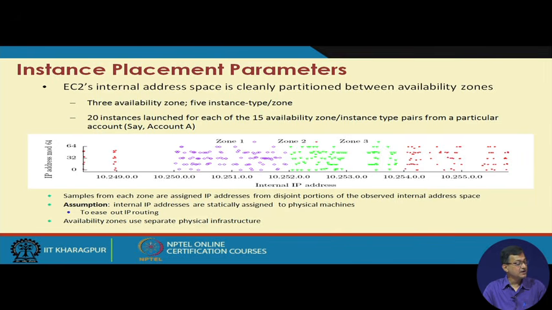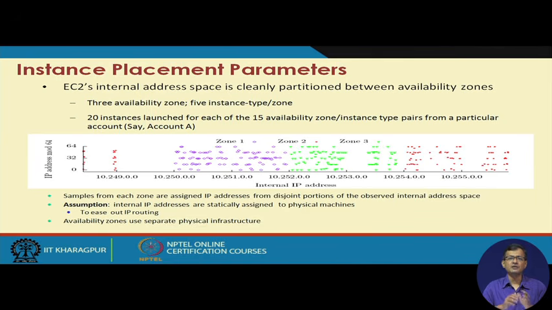They have shown that samples from each zone are assigned IP addresses from disjoint portions of the observed internal IP address space, right. The assumption is that internal IP addresses are statically assigned to physical machines to ease IP routing, otherwise routing parameters would again be an issue. Availability zones use separate physical infrastructure. So, these are the things which are there.